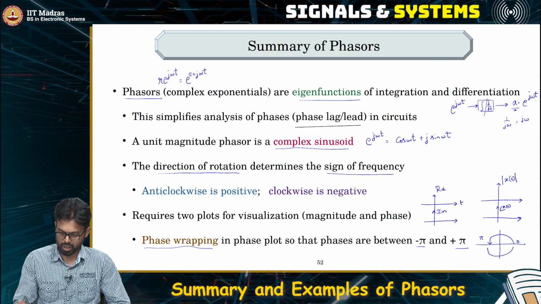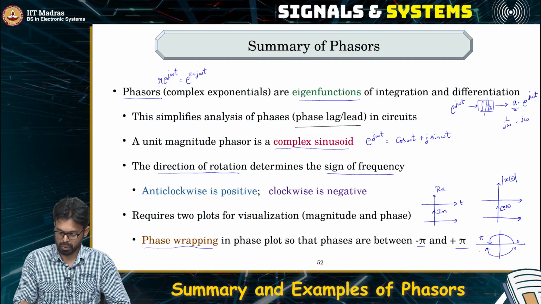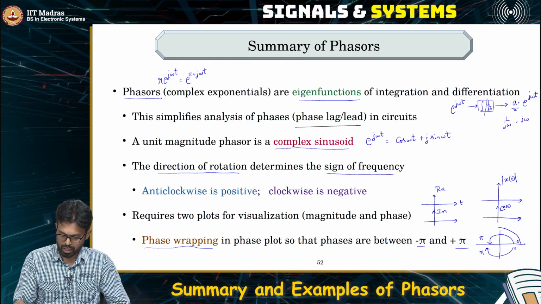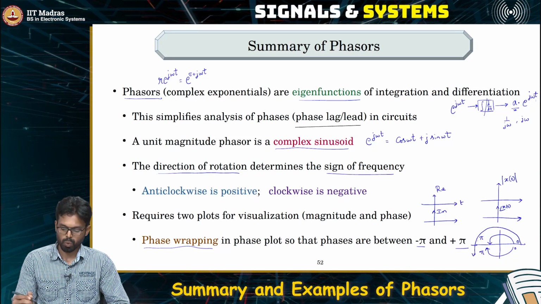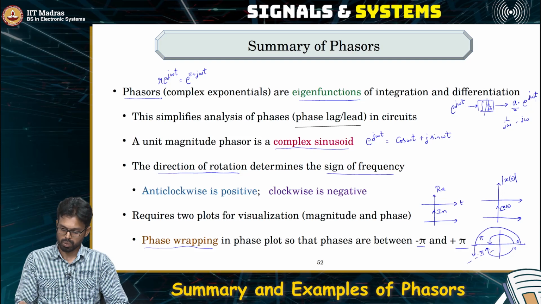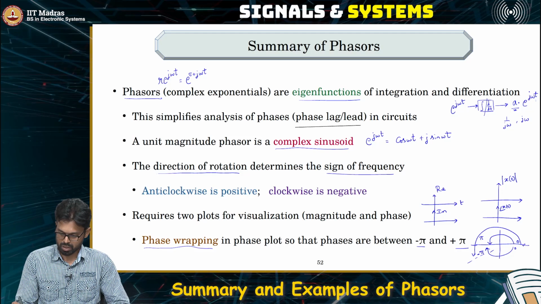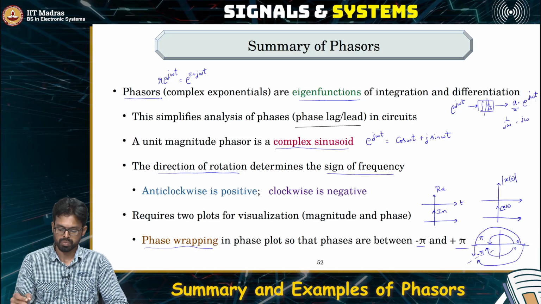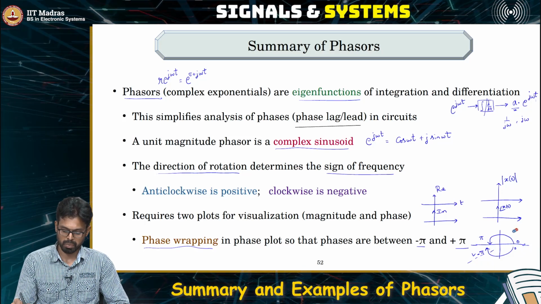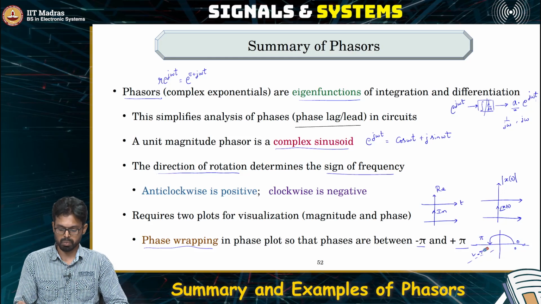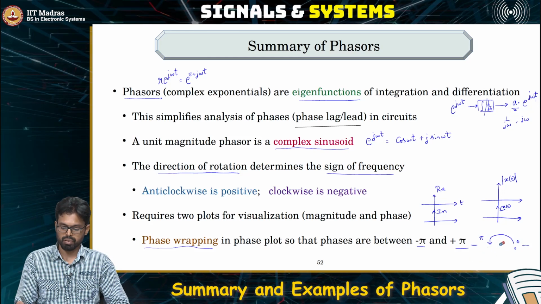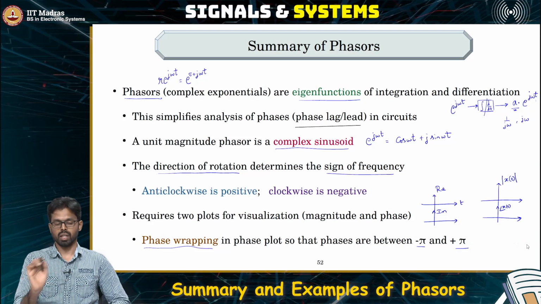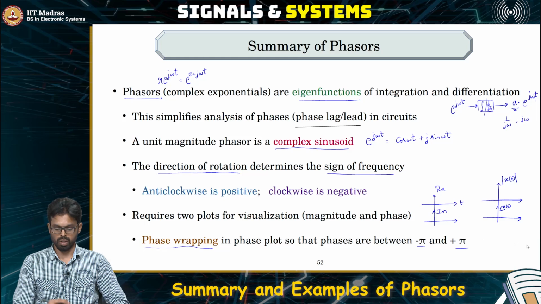Anything in this quadrant is between 0 and minus pi. So if you have a value which is greater than pi, we will map that to something which is present in these two quadrants as a negative value. Hence there is phase wrapping. These are the phenomena that we need to be careful about while plotting the phase plot of any complex valued signal. So this gives a nice summary of everything that we saw in phasors.